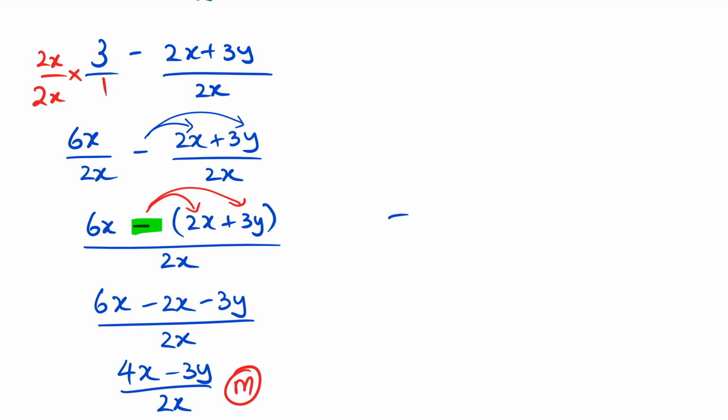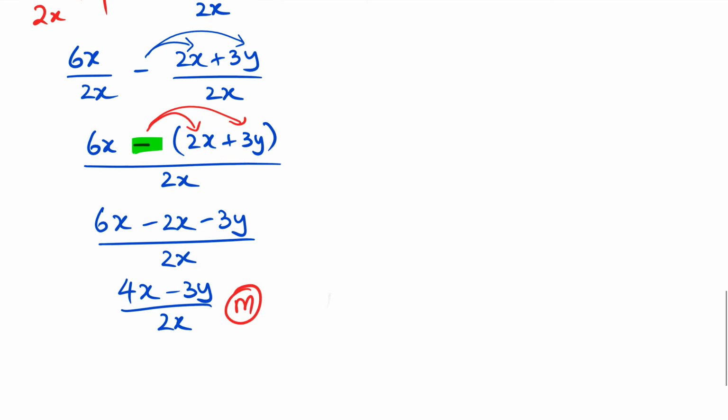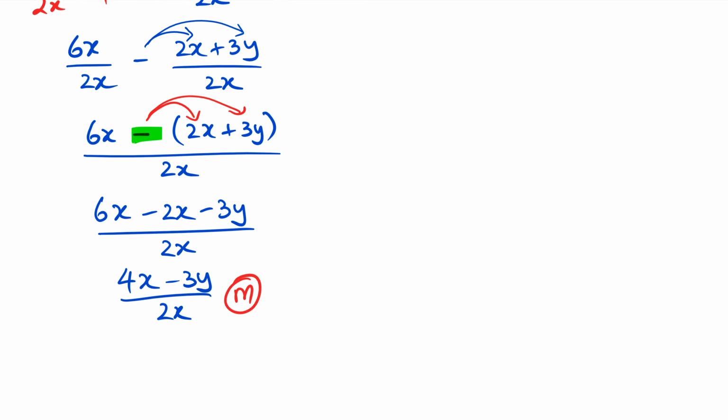All right? Now, one other thing that I've seen people do is this. They see those two x's and decide to cancel them. And then they cancel the 4 and the 2, and they write this as 2 minus 3y as the final answer. Now, if you did that, I'm sorry to say this, guys, you will get no grades for that.